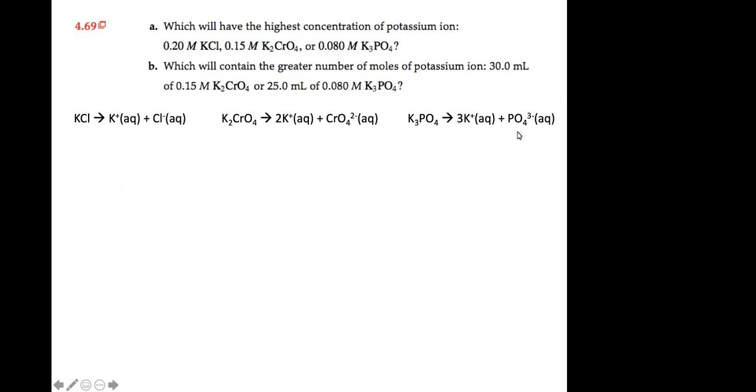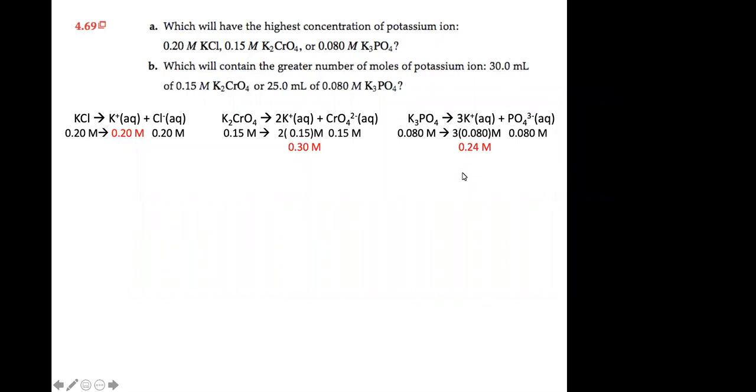The potassium phosphate gives me 3. So I need to combine how the initial concentration is with how it then dissociates. So for KCl, the concentration of the potassium is the same as the concentration of the initial solution. For the potassium phosphate, I end up tripling it. That's where we are looking strictly in terms of the concentration.